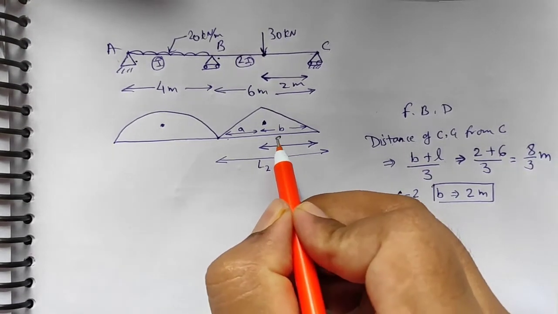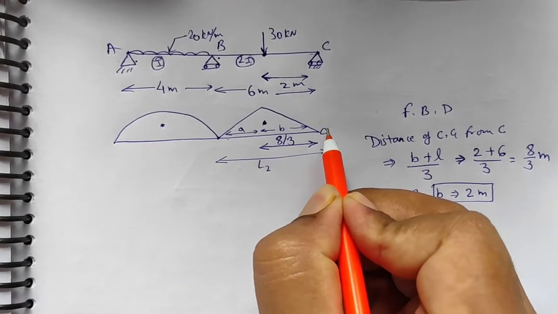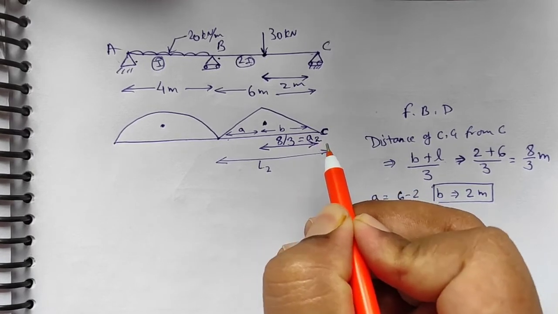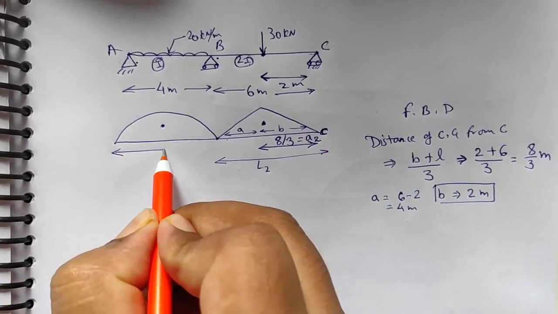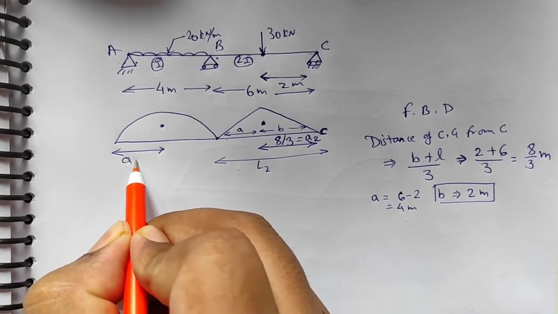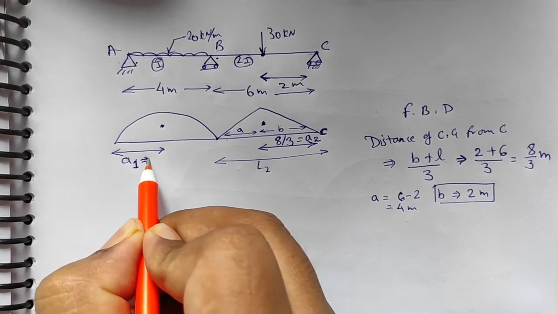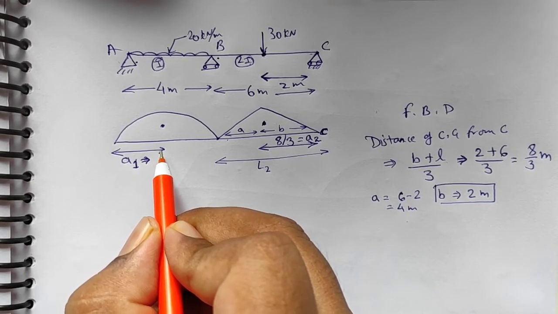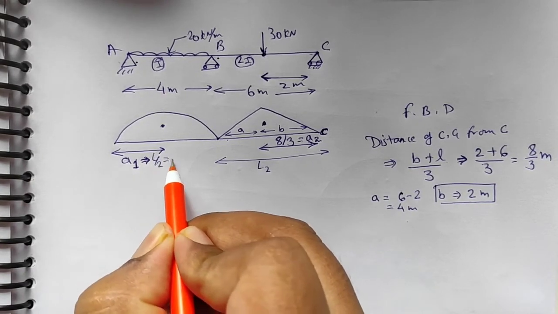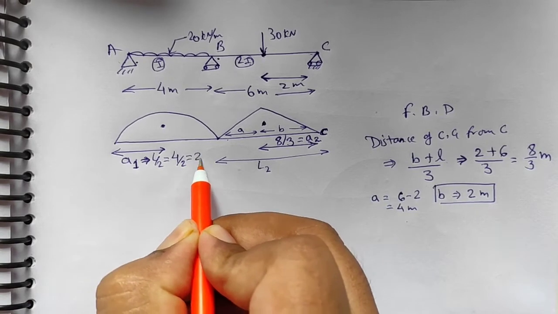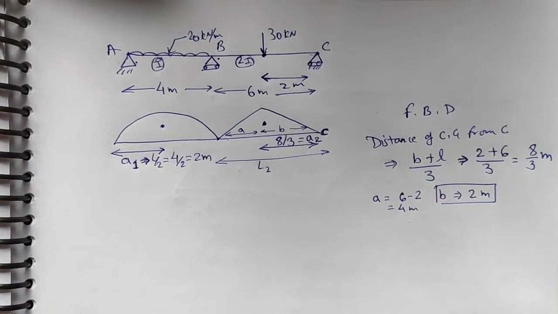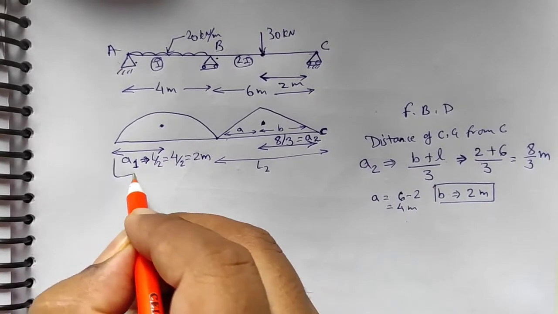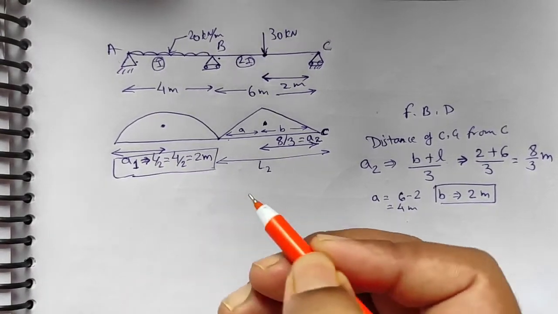This is the distance of CG from end C, which is the value of small a2. Again, for a1, as this is a parabola, its value will be simple, that is L by 2, which is 4 by 2, equal to 2 meter. So I have found the values of a2 and a1.